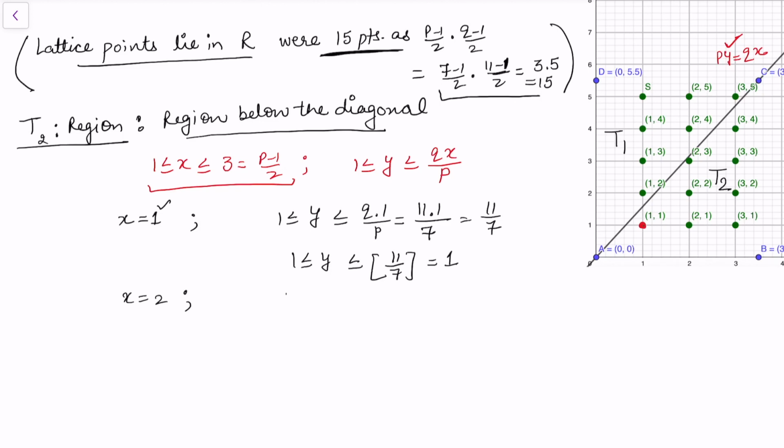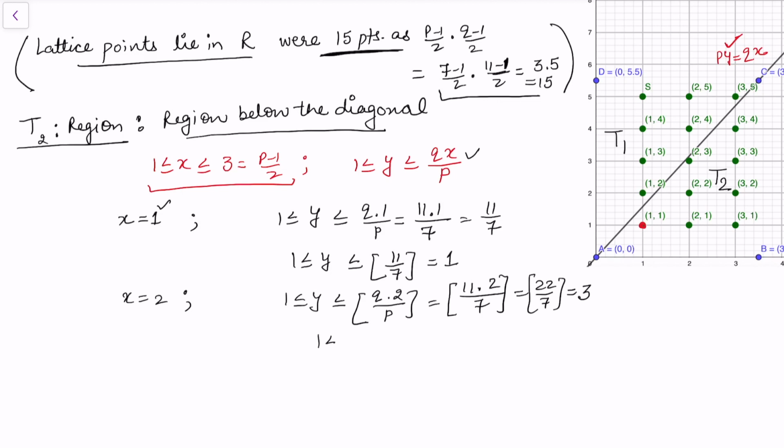When x is 2, y will vary less than or equal to q times 2 divided by p, or q is 11 multiplied by 2, and p I have considered as 7. So this is 22 by 7. This is equal to 3, and this means y can take values between 1 to 3, and these are integral points. So there are 3 integral points.